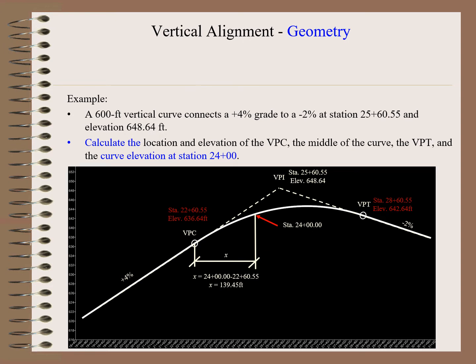We get an X value of 139.45 feet. To calculate that elevation, we've got to calculate this Y value. Again, this Y value is on the previous slide with all the equations on it. Y equals 4E times X divided by L squared. When we plug in the values, we get a value for Y of negative 0.97 feet.